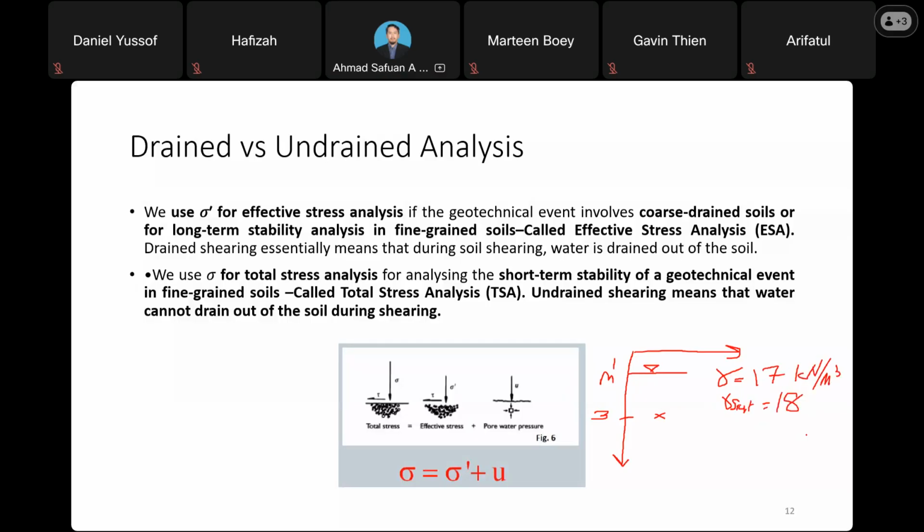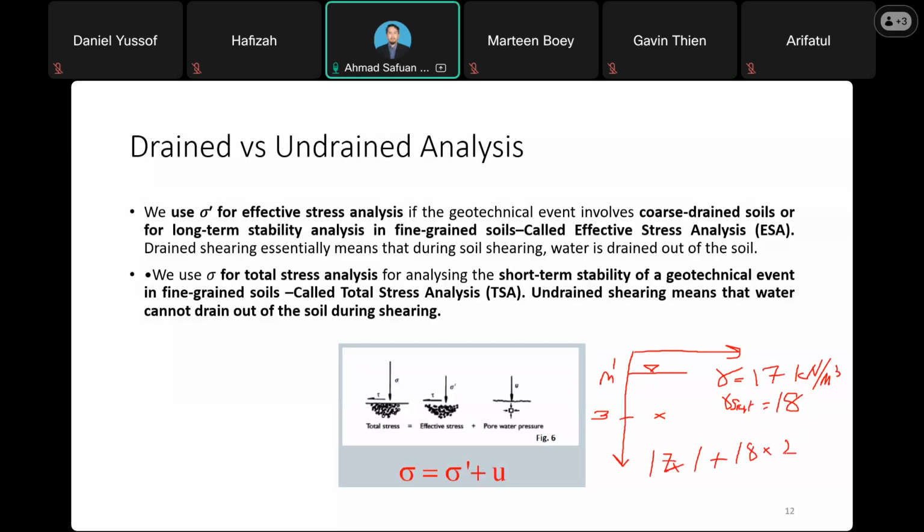In order to calculate the total stress, 17 times 1 plus 18 times 2. So that is the total stress value.